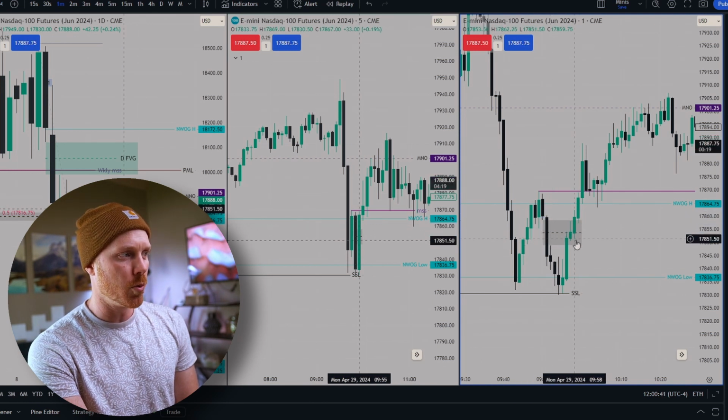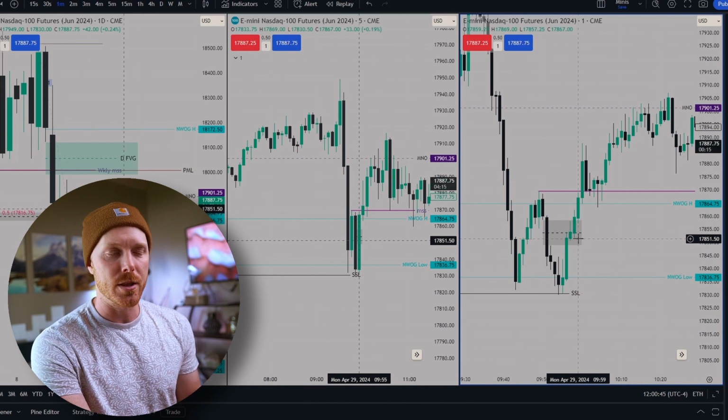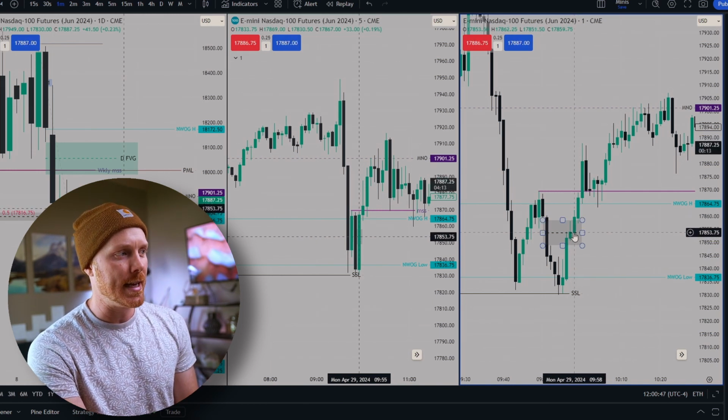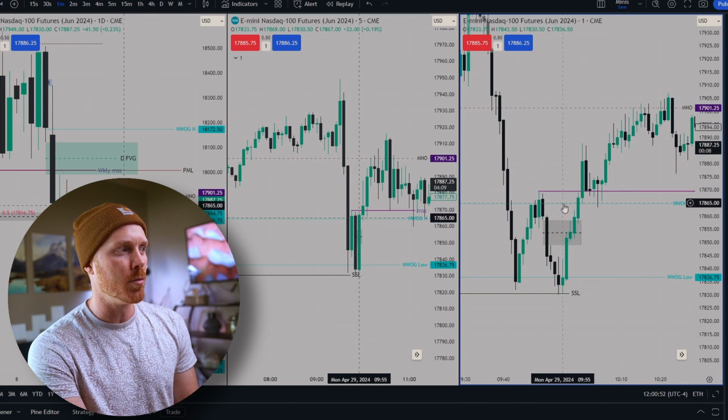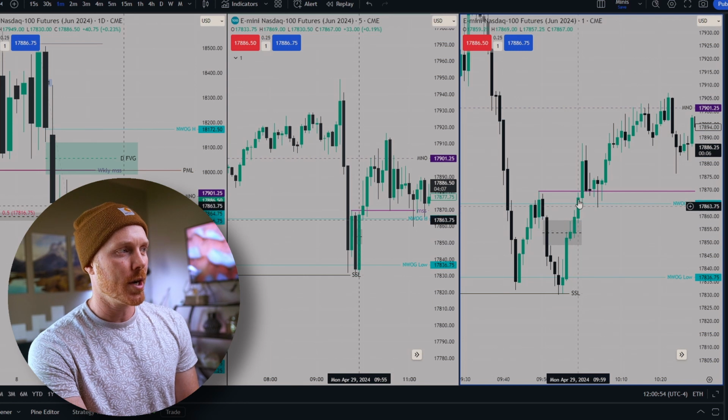So if price was to wick down and close in this fair value gap, I would still be in the trade. Well, obviously it didn't. It didn't hardly retrace at all. It hit this high. When it hits this high, you would move your stop to break even and you would target higher prices. Well, I took 2 contracts off and I sold my third.